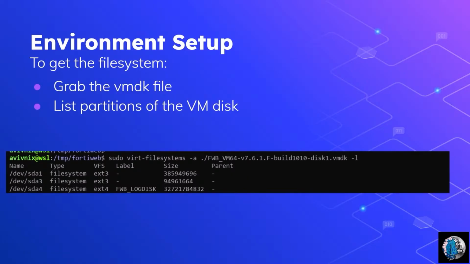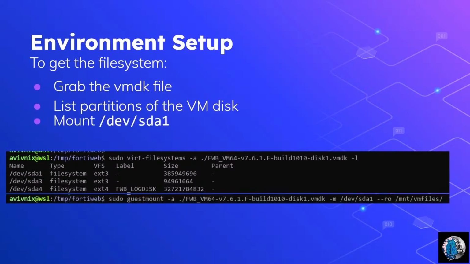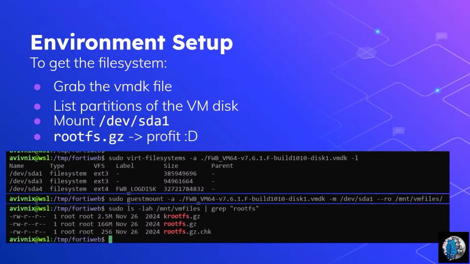You list the partitions, you mount dev-sda1, and rootfs will wait for you there, unencrypted, ready to inspect, which is very friendly for a researcher, because in many products, especially their other products like FortiGate, the file system is encrypted or signed. But in this case, it wasn't like that. So this was a good sign that we were going to find vulnerabilities.